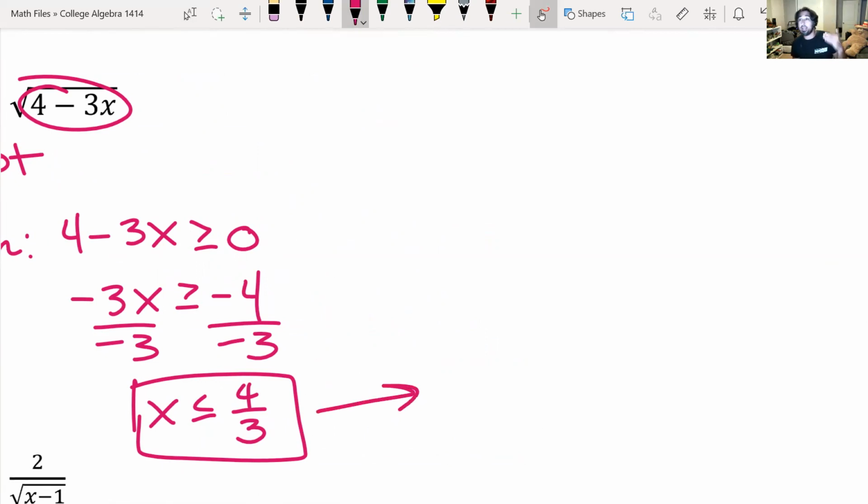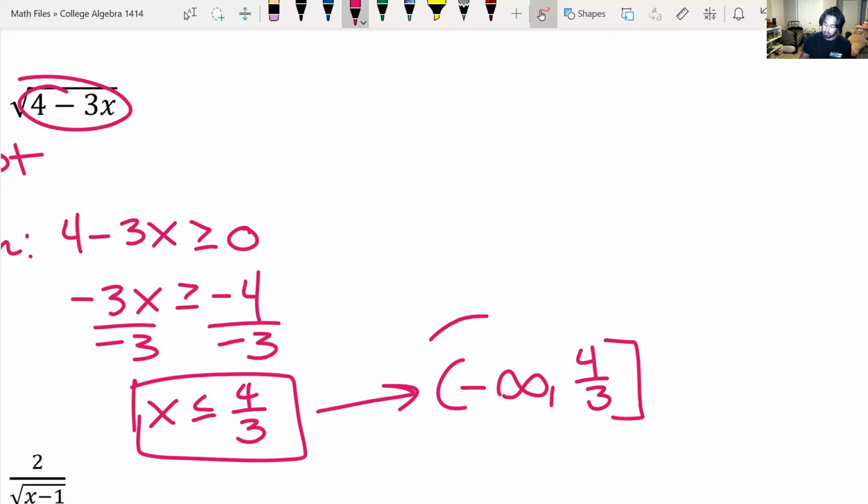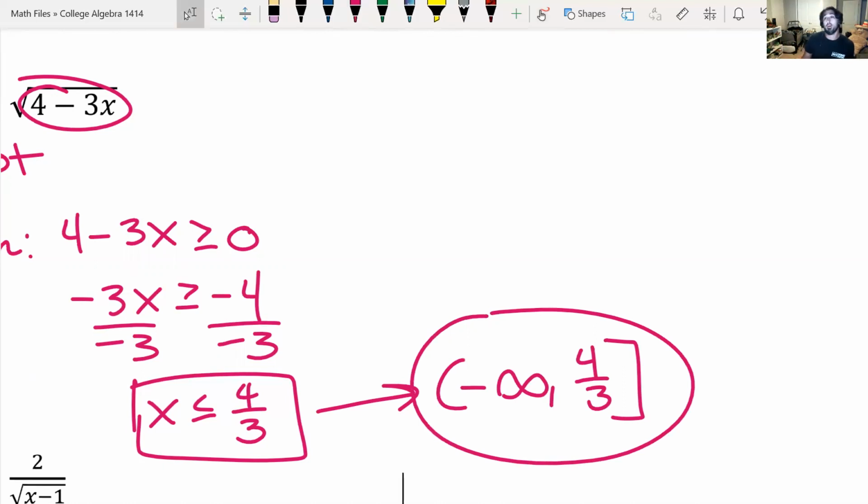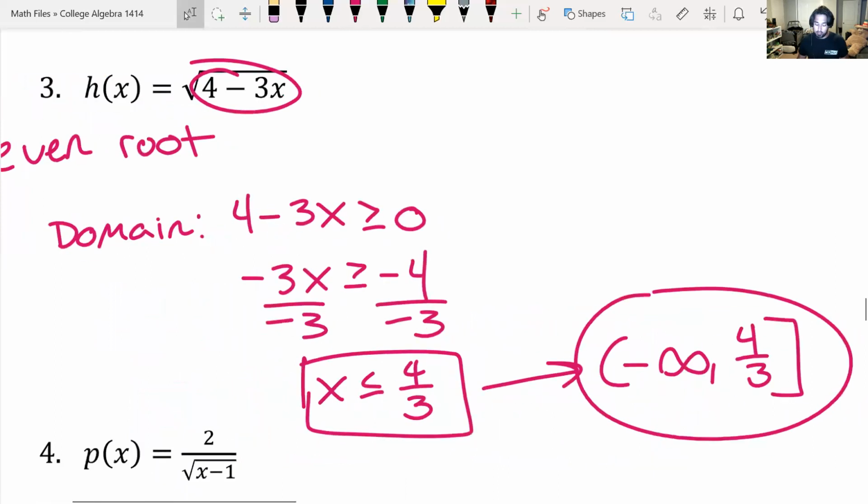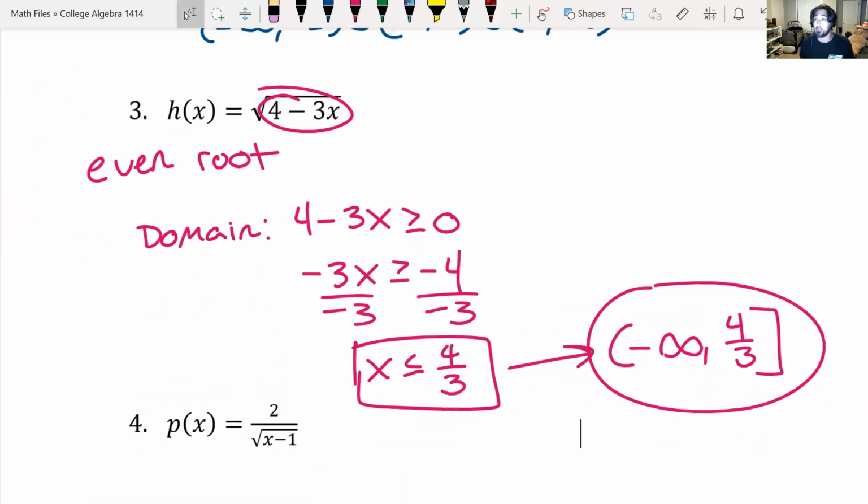So this inequality is telling us that we must choose x values less than or equal to 4/3. If we're going less than 4/3, we are headed towards -infinity. And as we come up the number line, we stop at 4/3, and bracket because it's included. Okay, and that's what we do for an even root function.